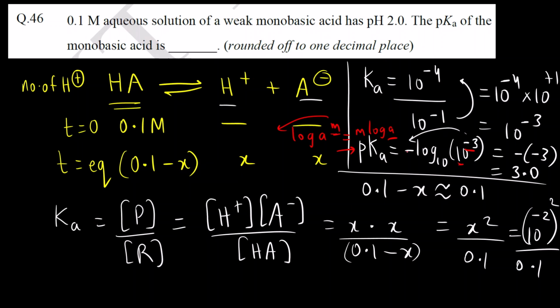So minus 3 I have brought down, minus sign was already there, minus into minus 3 will be plus 3. So the answer will be 3.0. Very important, you have to round off to one decimal place, so you have to write down one digit after the decimal. Okay, now let us see question 47.